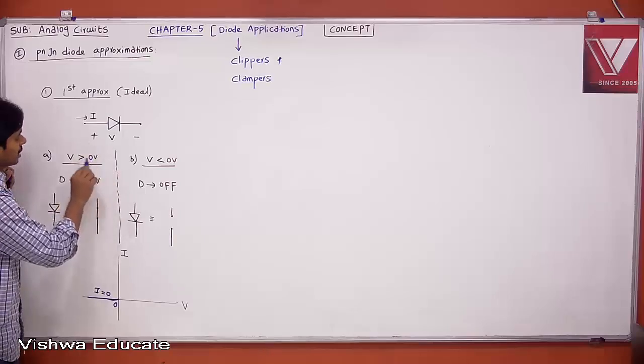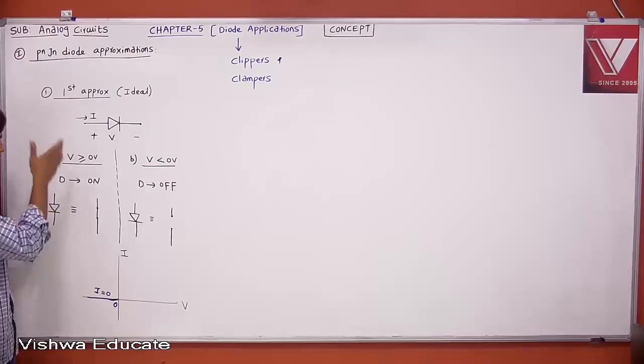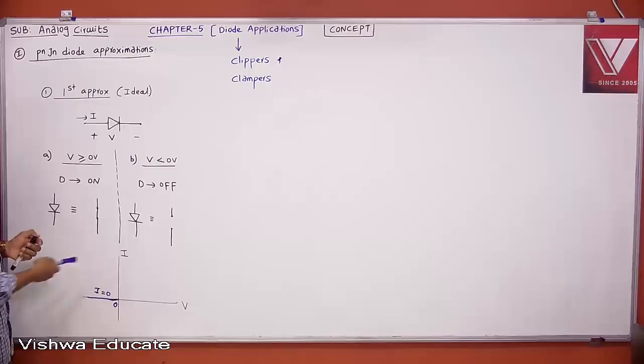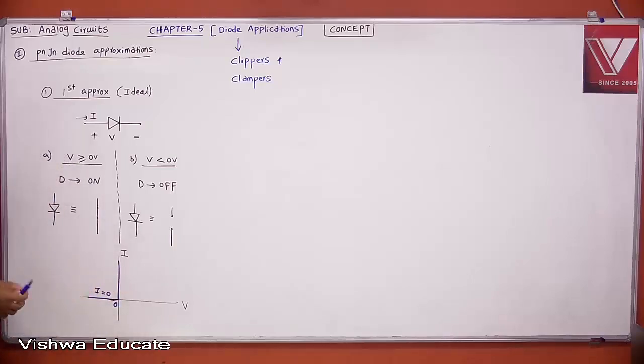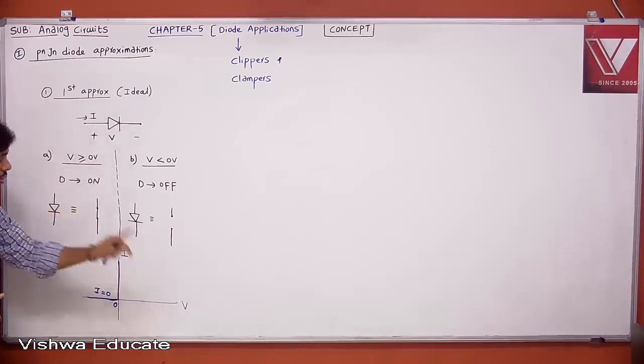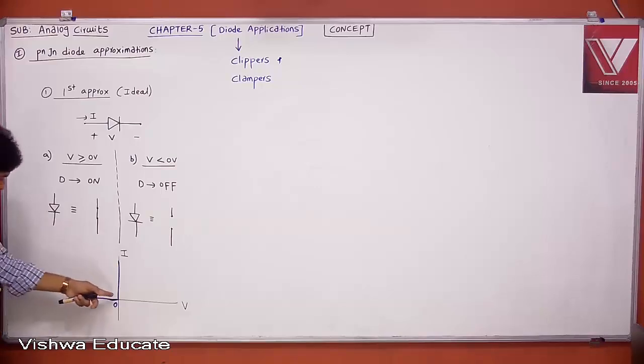Remember, this is always with respect to P to N. So current is 0 for the entire negative voltage of the diode.